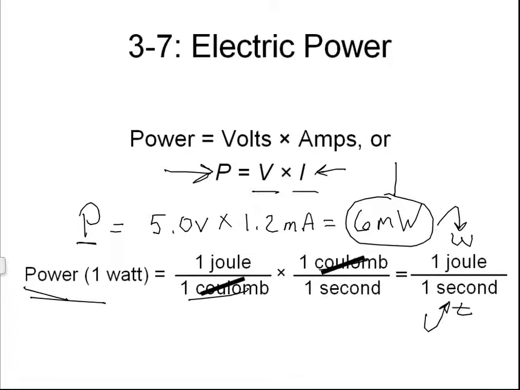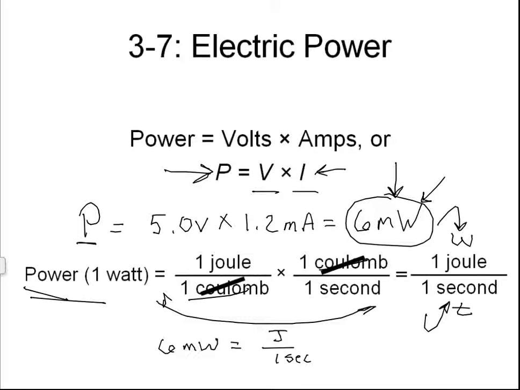Now that 6 milliwatts is 6 milliwatts every second. Okay, so coming down to this equation down bottom here. So 6 milliwatts equals some work energy over 1 second. Because when we do this measurement, this is what happens in 1 second of time.